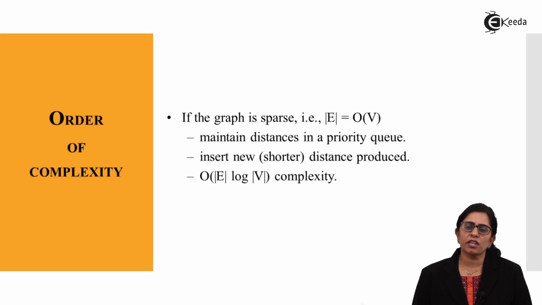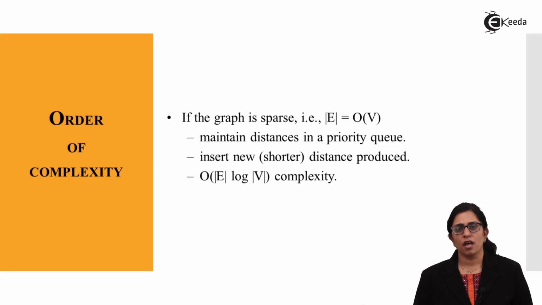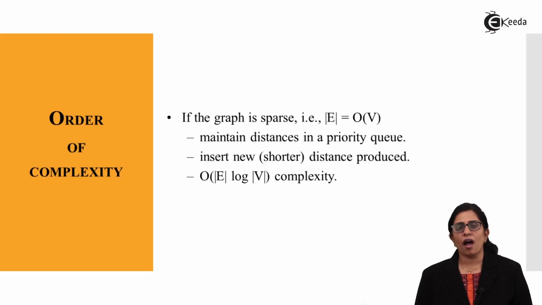We keep on inserting the shorter distance which is produced when we are changing the previous vertex, and we are recalculating the distance as it continuously goes on. And this being a greedy algorithm, it keeps on changing wherever it finds an optimal solution, as a greedy algorithm is always implemented to give us an optimal solution.